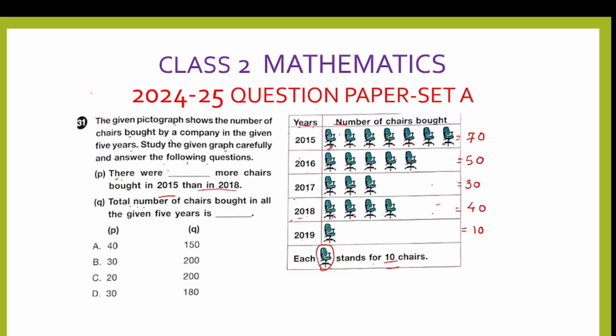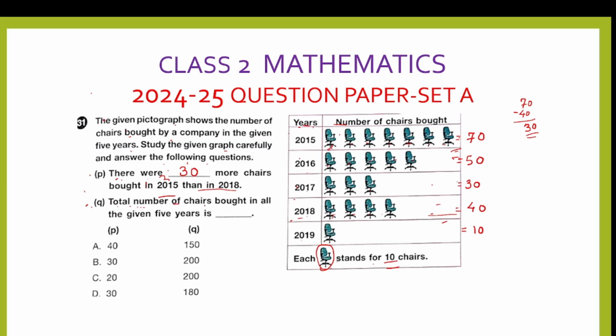In 2018 there were 40 chairs bought and in 2015 there were 70 chairs bought. So we have to find out the subtraction. 70 minus 40 is 30. Means there were 30 more chairs bought in 2015 than in 2018. So here is 30. Now next question.